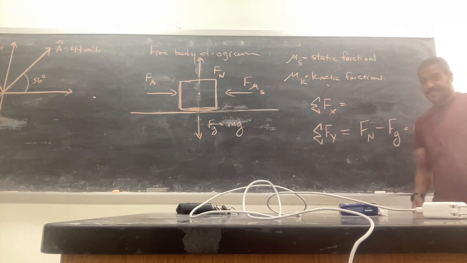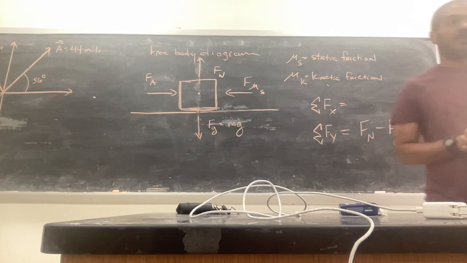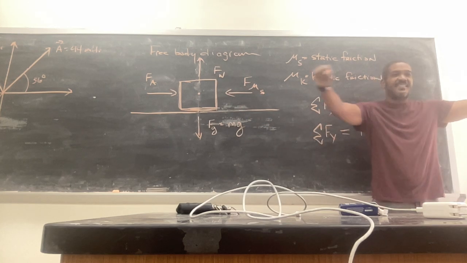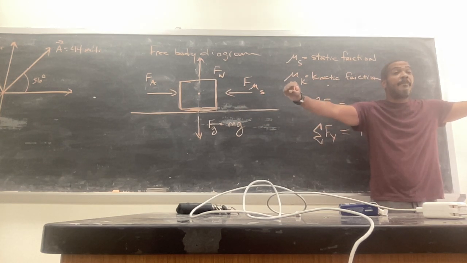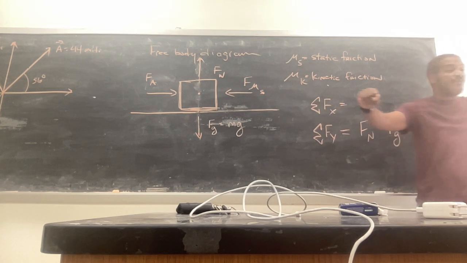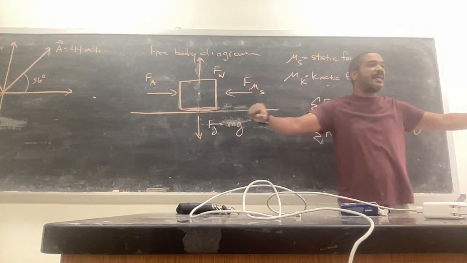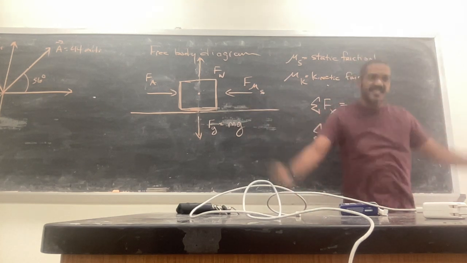Remember, the box is the flag at the center of the tug of war. If the box is not moving this way or that way, what does it mean? They are equal.